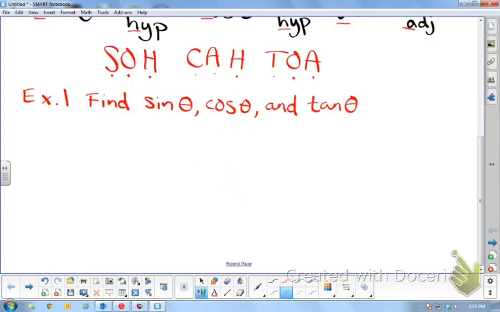So let's say we take a right triangle. Now notice I did rotate it around. It doesn't have to be in the same order that we worked with our original triangle with. And I want to find the sine, cosine, and tangent of this particular angle, theta. I even moved where I put theta. So we've got to go through and first identify the opposite, adjacent, and hypotenuse.